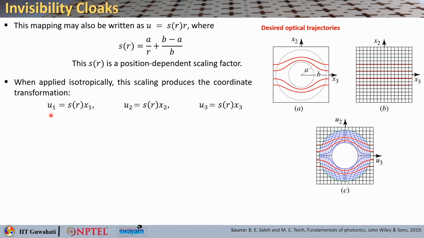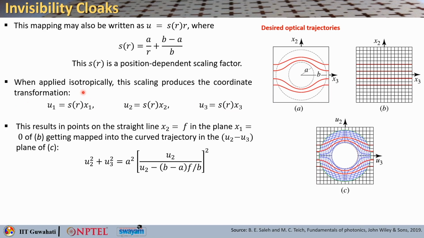Then when you apply the scaling factor isotropically, it will give you the coordinate transformation. So you can write u1 equals S(r) times x1, u2 equals S(r) times x2, and u3 equals S(r) times x3. This will result in points on the straight line x2 equals f in the x1 equals 0 plane getting mapped into a curved trajectory that you see here in the u2 u3 plane.